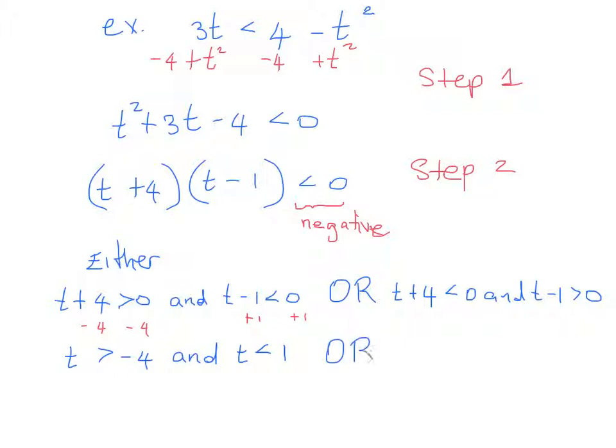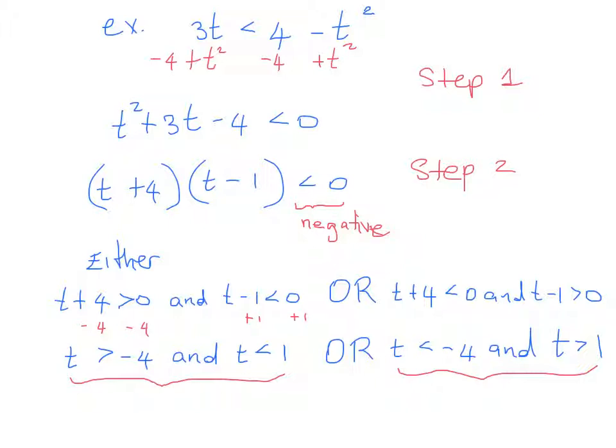Or, again, big fat or, t is less than negative 4 and t is greater than 1. All right, so only one of these two things makes sense. So either this makes sense or this makes sense. So one of these two things will be the answer.